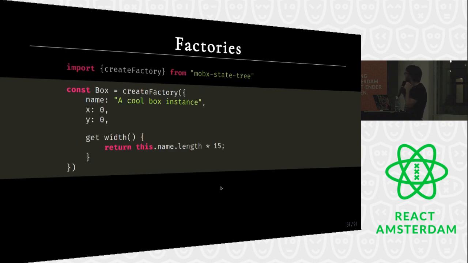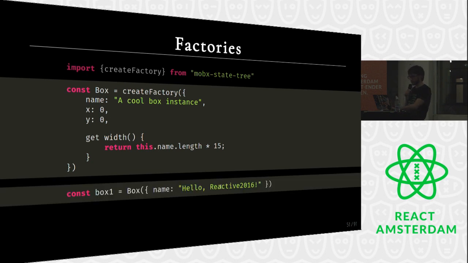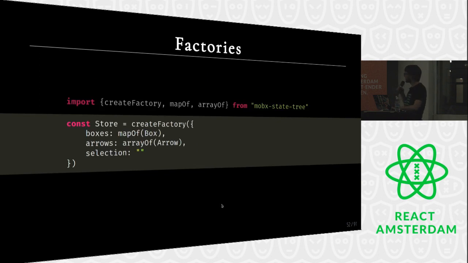So a box factory just looks like this. It has 3 attributes, those will be made observable, and a computed value. And then we can create a new box by just providing a complete or a partial snapshot. And for the store, the same. There we can use the map of and the array of modifiers so that MobX state tree knows what the shape of this object is and how to serialize it.